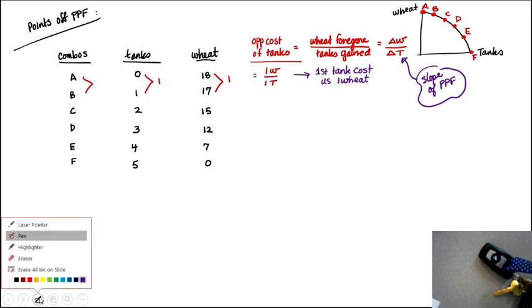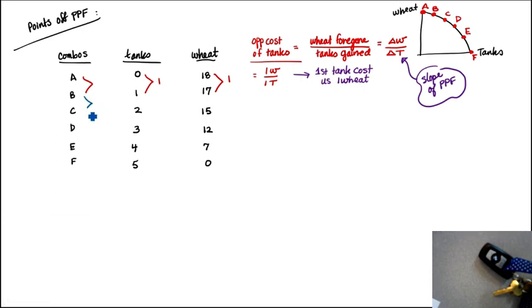All right, so now we can look at going from B to C. If we go from B to C, everyone agree, tanks goes up by 1, and wheat changes by what? 2. So now we've got 2 wheat have been given up in order to gain 1 tank. So what does that tell us about the cost of the second tank? The second tank costs us 2 wheat.